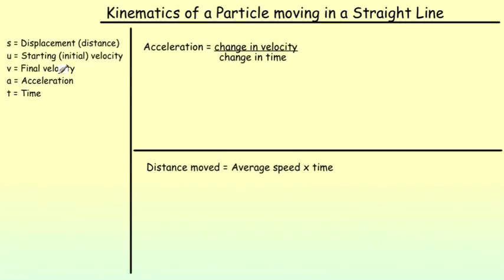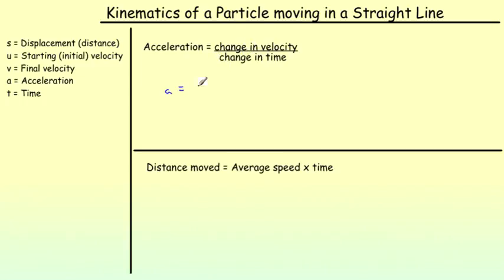So we have our SUVAT letters here and what they stand for in the top left. And now we're going to derive two of our SUVAT equations. So as we said already, acceleration is the change in velocity with respect to the change in time. So it's the change in velocity divided by the change in time. So if I replace acceleration here with our letter A, that's going to be equal to the change in velocity.